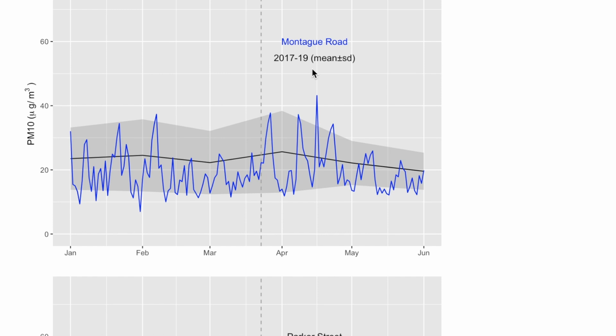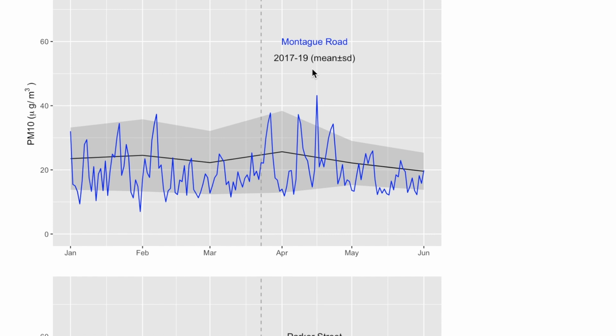Or would you say that they're pretty much the same? Some bits look like it's a bit higher, some bits look like it's a bit lower. That's right. So it's not all the time a bit lower, is it? So we might wonder why it is that the nitrogen dioxide seems to be lower, whereas there doesn't seem to be much difference in the PM10.